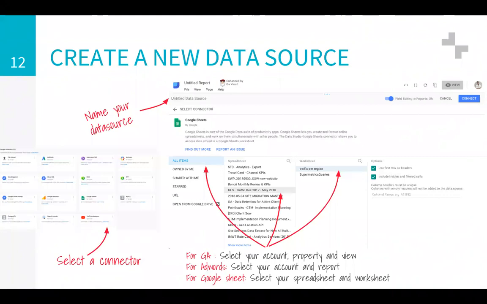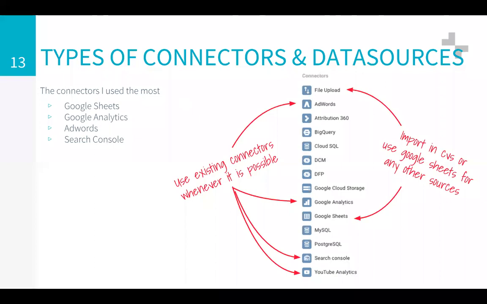Once you have selected the data source, we just review all the connectors that you have. This is not all of them, but that's the most important. The one I use the most is Google Sheets, because I have the tendency of exporting the data that I want. Instead of using everything, like I could use the Google Analytics connector, but I would rather limit my data source to only the few metrics that I have to report on.